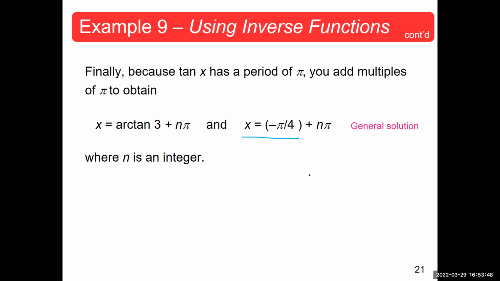Because if you look at the circle here, this is pi over 2, and this is 3 pi over 2.